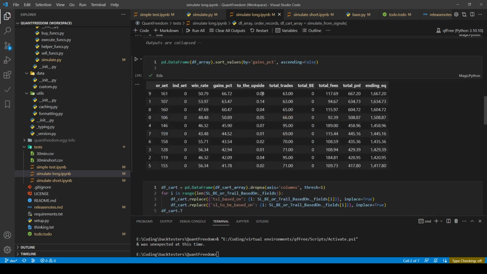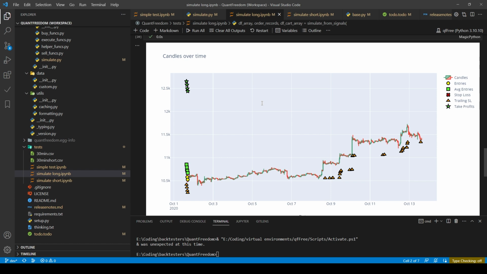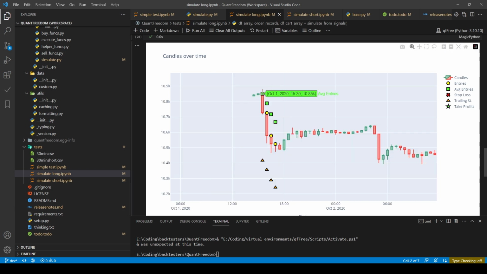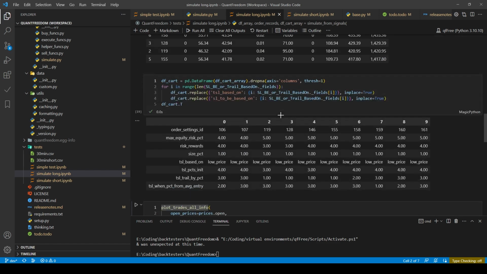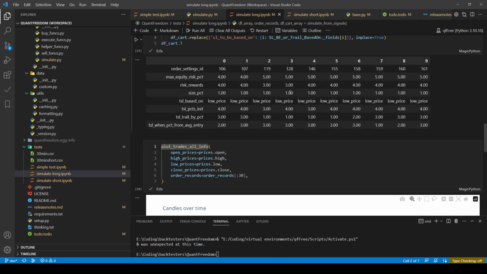Oh my god, trailing stop loss is terrible. Wait, how did it enter 4 times? 1, 2, 3, 4. Why did it enter here? Oh, maybe that's because the price was going down, so it makes sense.